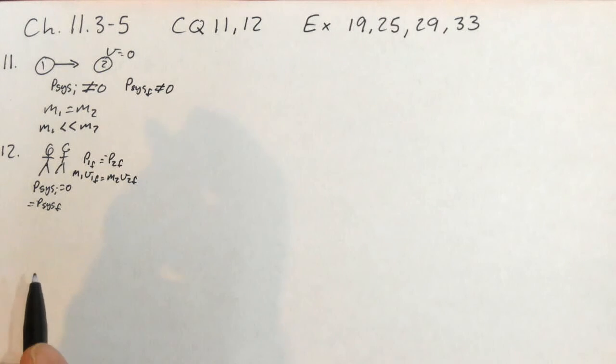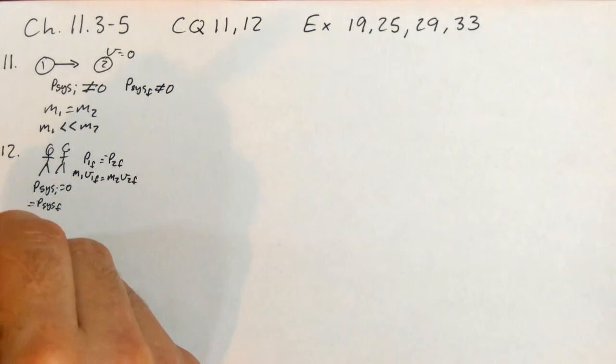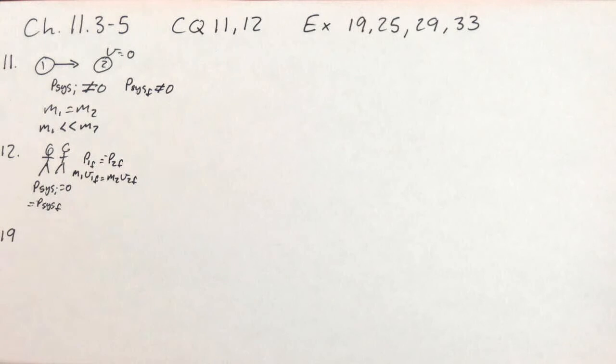Okay, let's move on to some problems. Number 19, these exercises. Okay, 19, we have this bigger car, a 2,000 kilogram car, that has a broken brake, and so it is slowly rolling, only at 100 miles per hour.